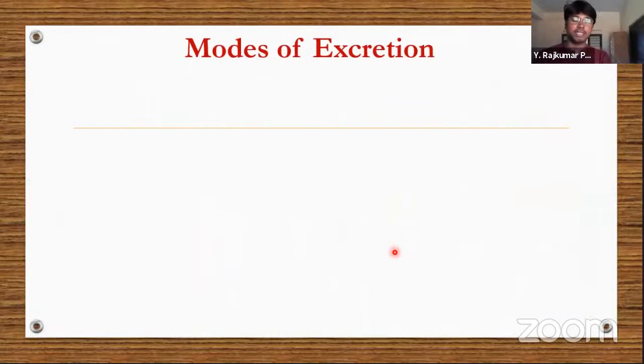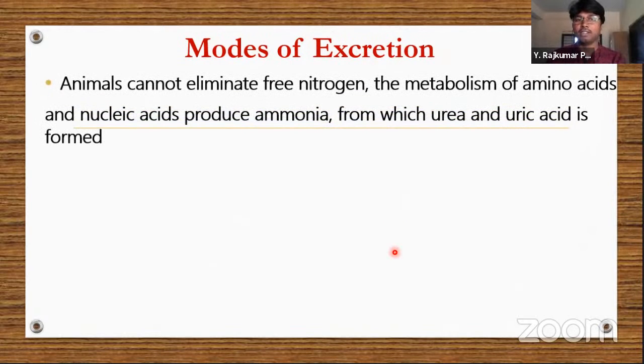Okay, let's learn further the modes of excretion according to the product that we eliminate from the body. According to the excretory product, we can classify animals into three types. Okay, they are ammonotelic animals, ureotelic animals, and uricotelic animals. Here you can see the sentence, animals cannot eliminate free nitrogen which is produced in the body. That's why the metabolism of amino acids and nucleic acids produces ammonia.